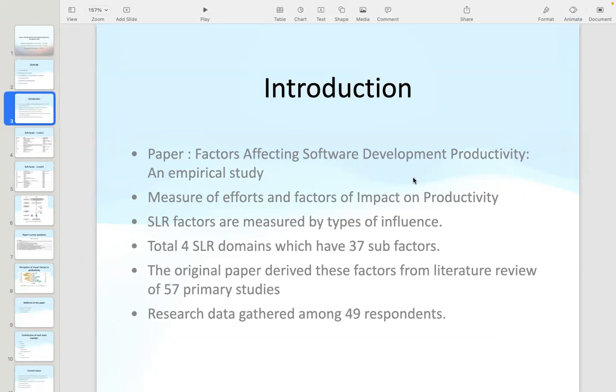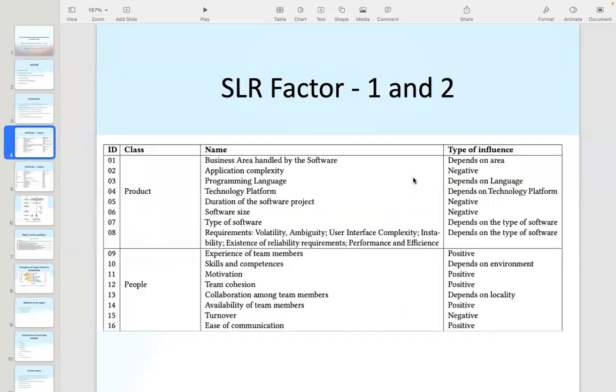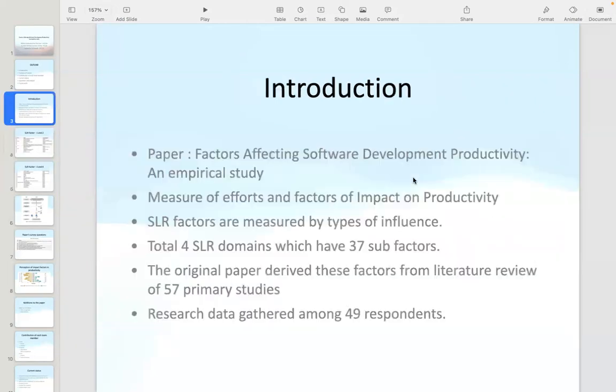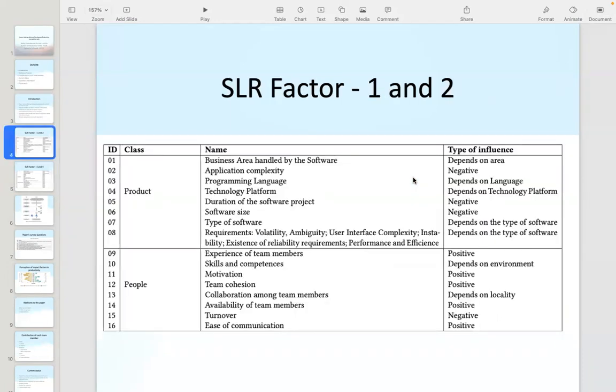In the paper, it is described in just 4 main factors, which are product, people, organization, and open source projects. These 4 main factors have 37 sub factors, on the basis of which they have designed some types of influence questions.